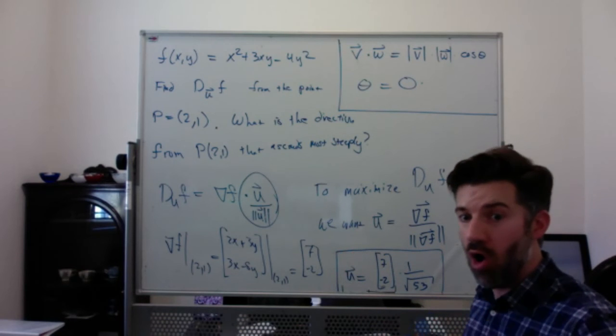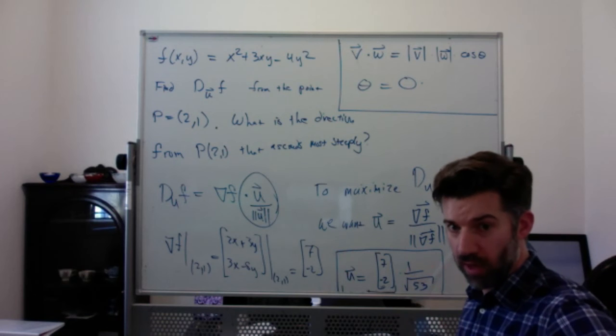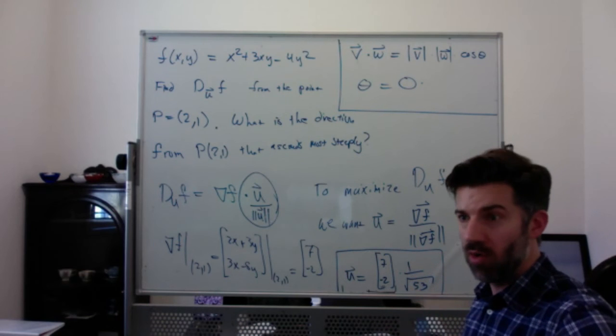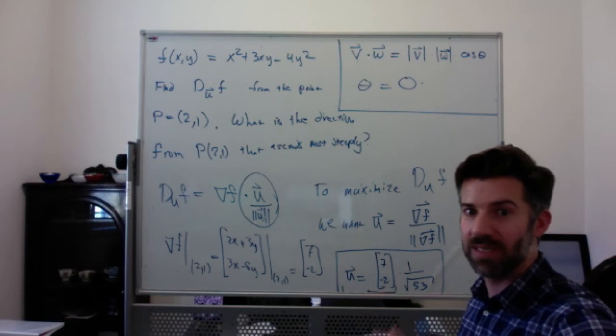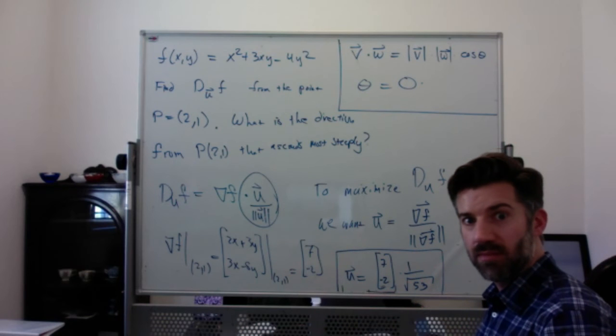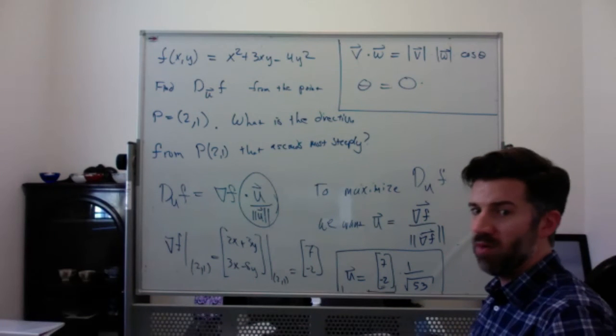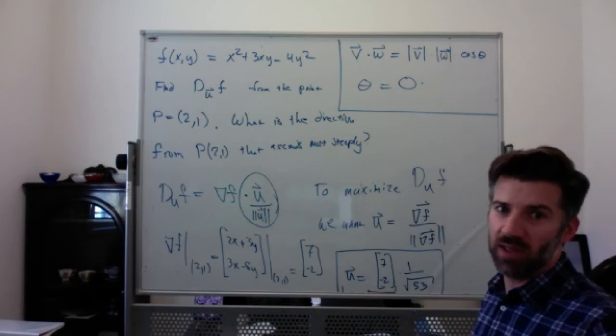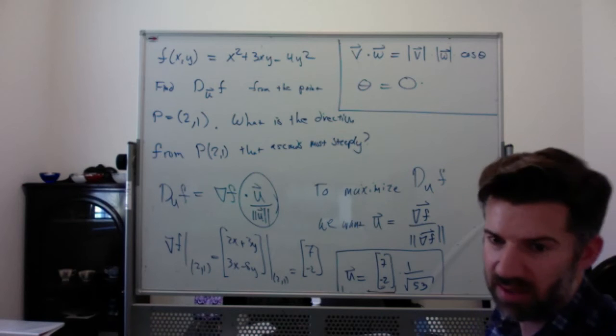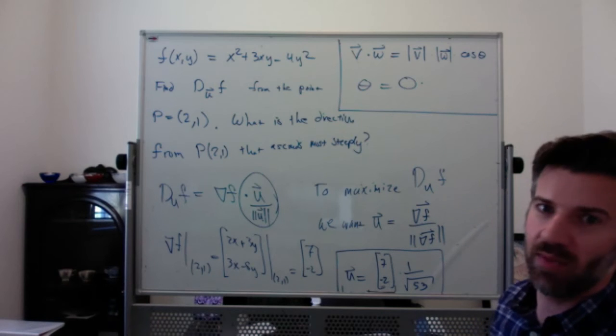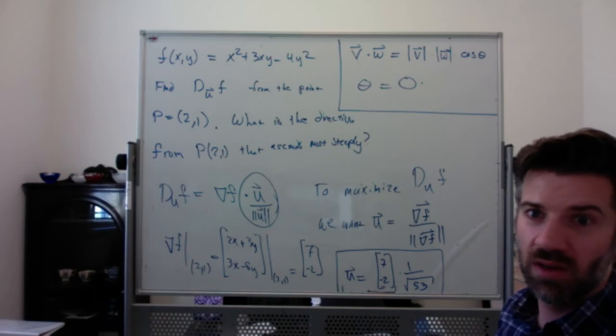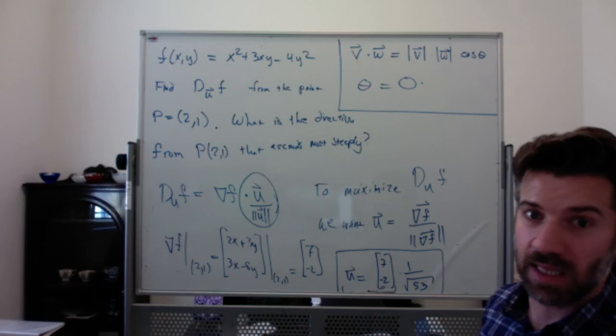And that is always true. The gradient vector always tells you the direction of steepest ascent. Sometimes they ask this question the reverse way. Instead, they say, maybe I'm a skier and I want to get downhill as fast as possible. What's the direction of steepest descent?